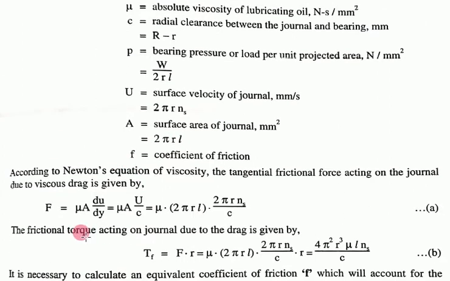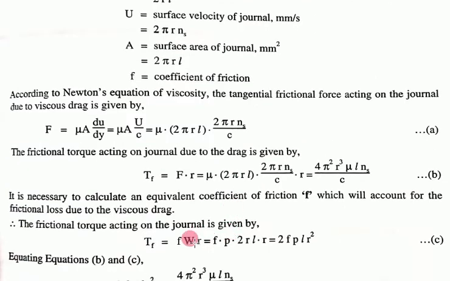So first of all, we know this equation, Newton's equation of viscosity, that is mu A du by dy. So mu A U upon c. Here dy is c, the radial clearance, and du is the velocity U, the surface velocity. So we put the value of A, that is 2 pi r L, and U, that is 2 pi r Ns, upon c.